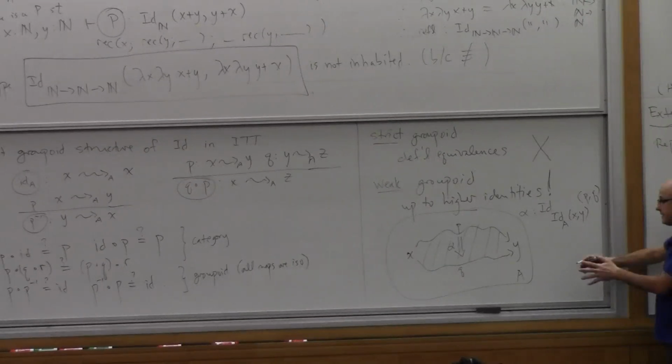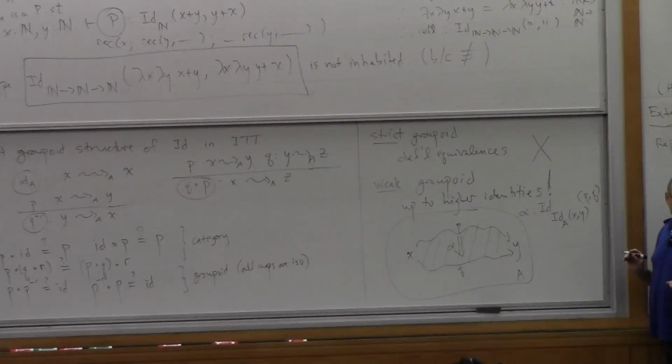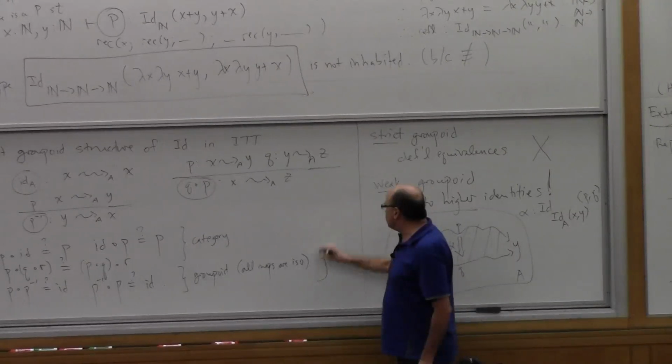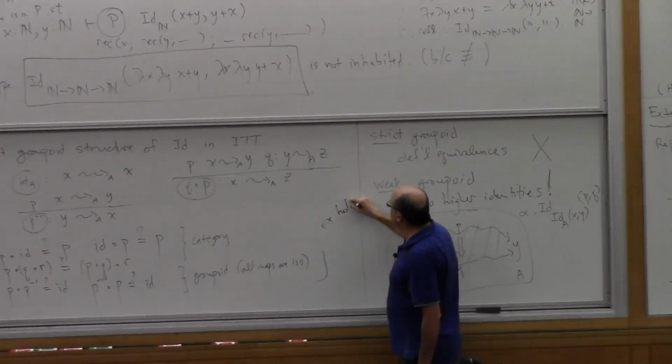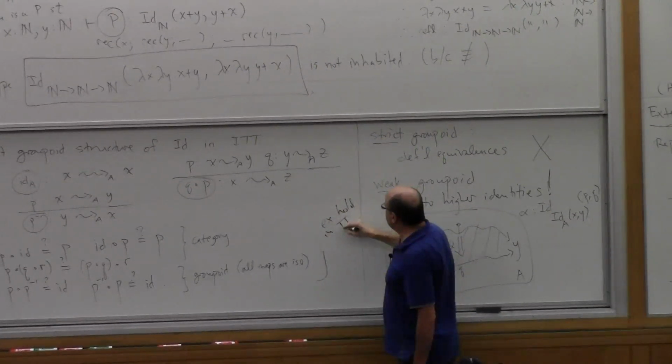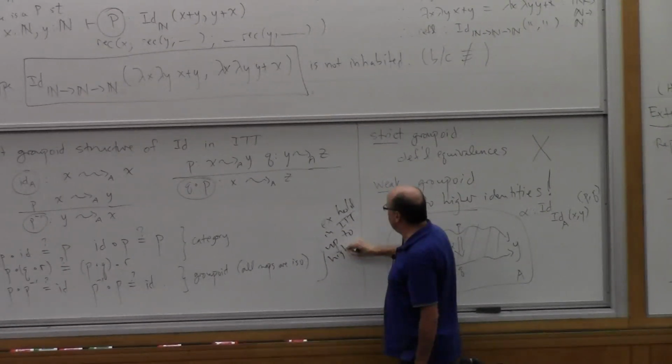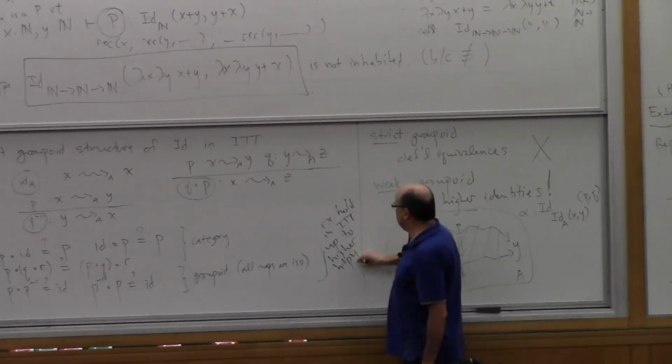And then this extends to arbitrary higher dimension. What you can prove, and you can do this as an exercise, is that these laws in fact hold in ITT up to higher homotopy.